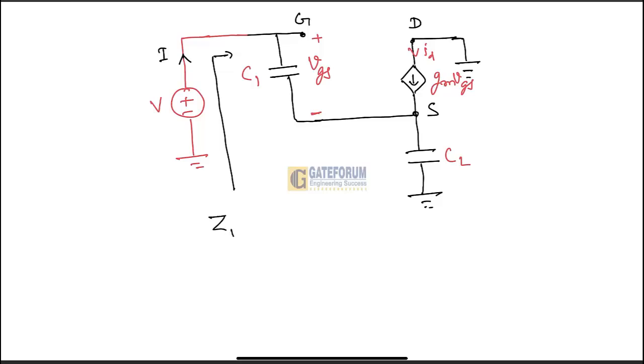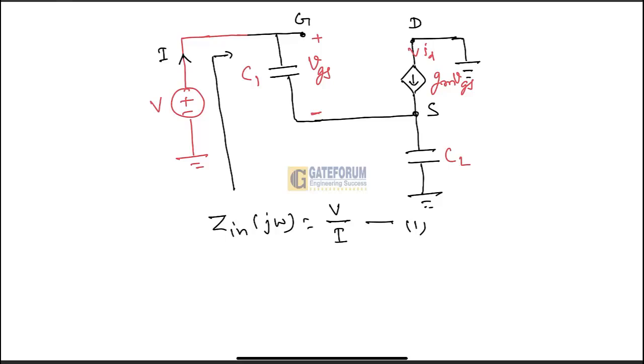So this Z in, which is a function of j omega, is given as the test voltage V divided by the current I passing through this circuit due to this voltage source. This V by I ratio gives the input impedance. Let's call this equation number 1.